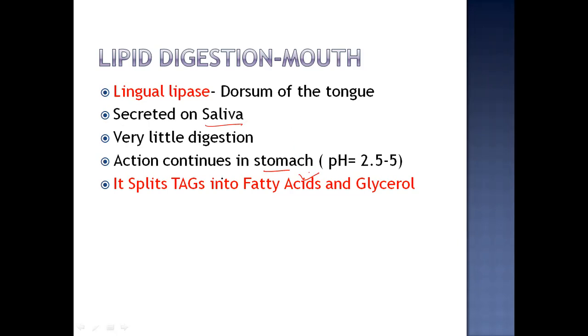Okay, so what does it do? It splits the triacylglycerol into fatty acids and glycerol. So whatever lipase we talk about, ultimately they will convert your triglyceride into its two main parts, that is glycerol and fatty acid. The thing which you have to remember is the site where these lipases are acting on triacylglycerol.